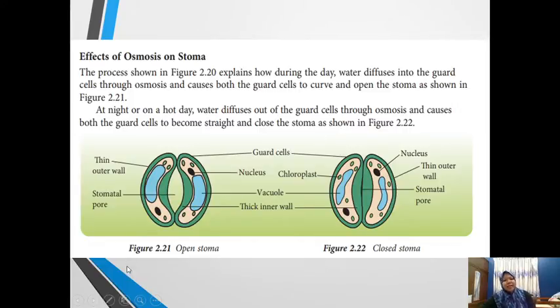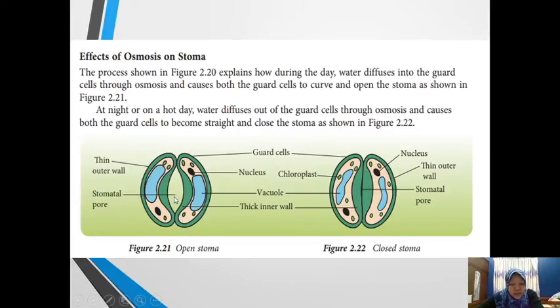Okay, sekarang kita lihat kepada open stoma ni tadi. Apabila ada banyak air di dalam tu, pada vacuole ni ada banyak benda, dia akan jadi lebih turgid dan curve. Itu yang membuatkan sel tu jadi curve dan stoma ni boleh terbuka.